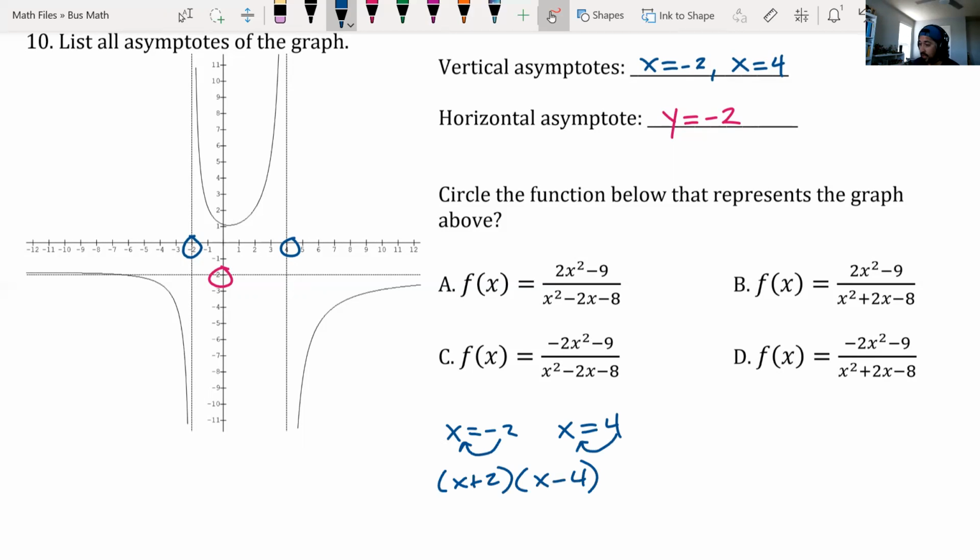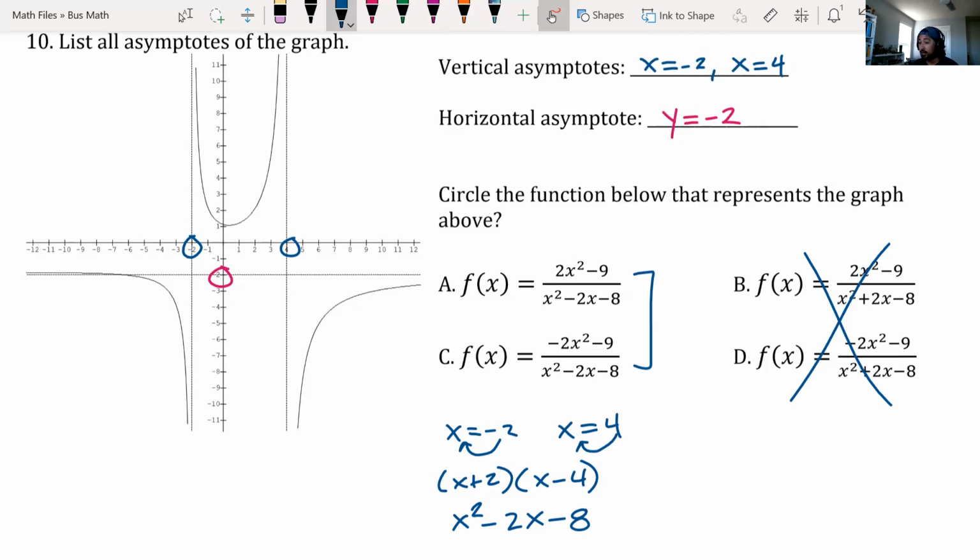Now, go ahead and FOIL this out, and we'll get x squared minus 4x plus 2x. So you get x squared minus 2x minus 8. Now we match this to the problems above, and because we have minus minus, it's going to be A or C. So B and D are out.